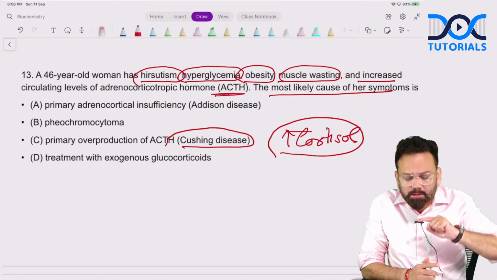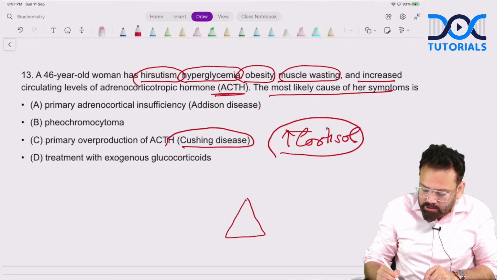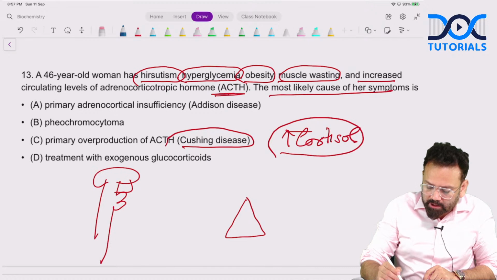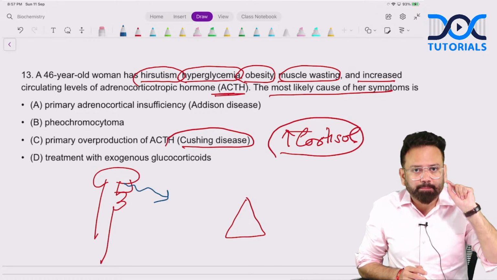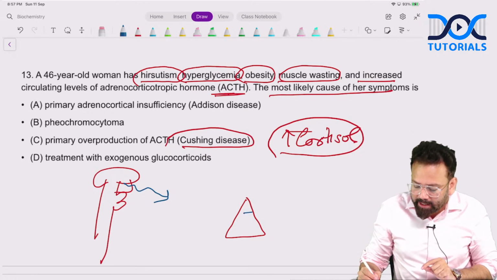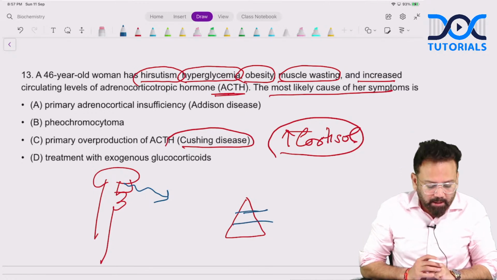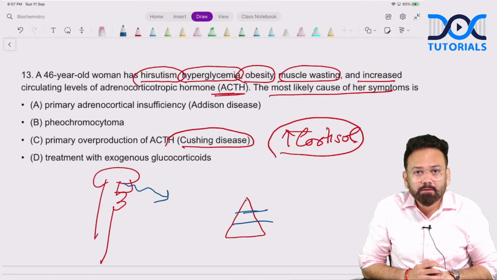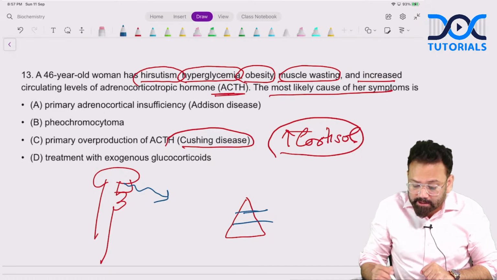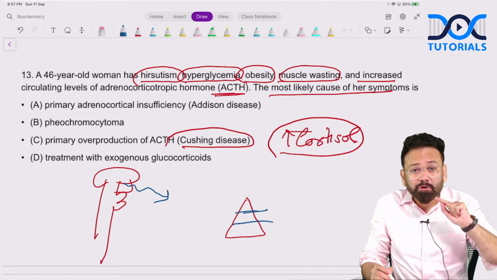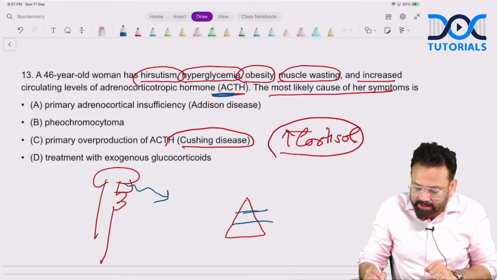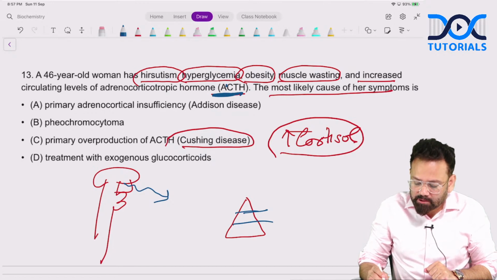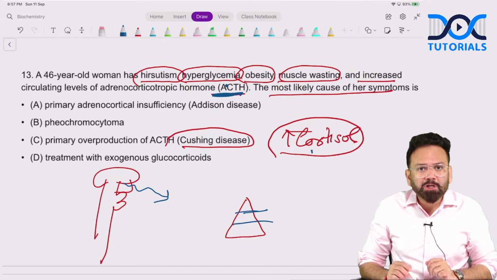But here, does the cause lie in the adrenal cortex or in the pituitary gland? Cushing disease can be of two types. The cause can be in the adrenal cortex or in the pituitary gland. Here the cause is the pituitary gland. There can be some adenoma which is increasing ACTH, and that causes increased cortisol.